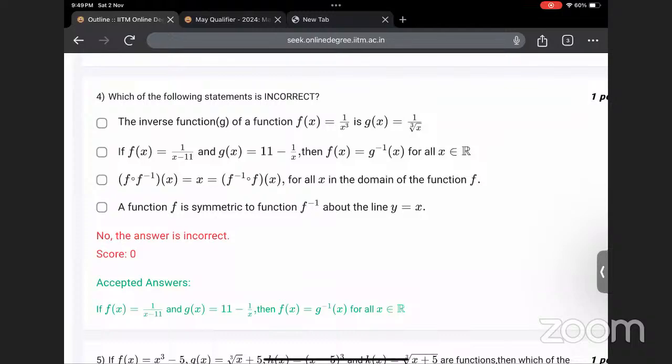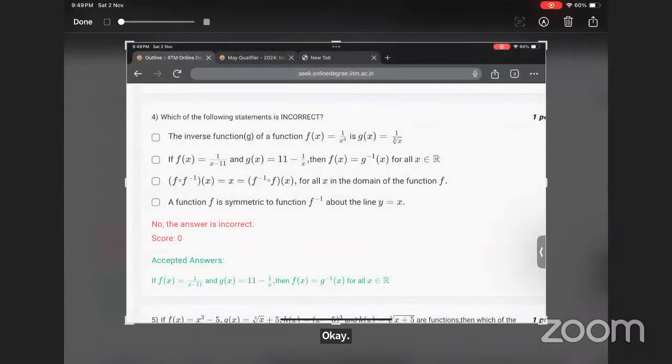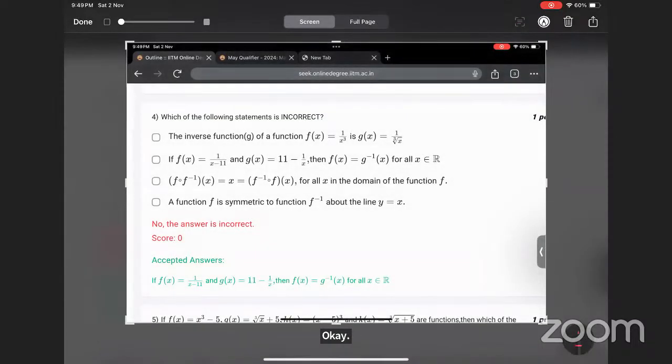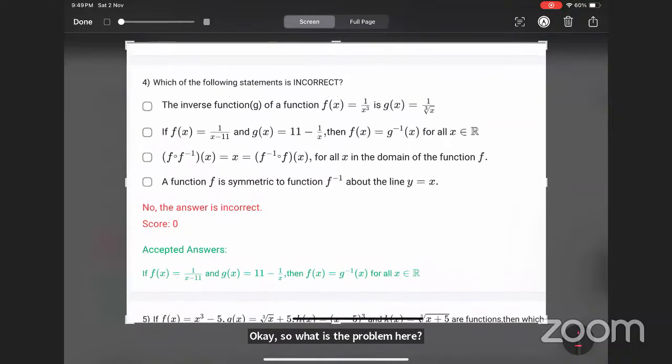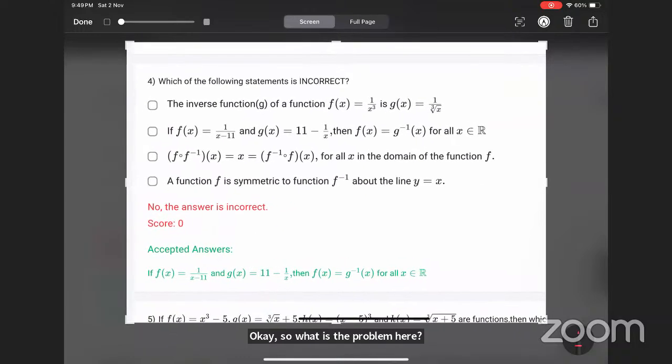Okay, so what is the problem here? The second option is the correct one, but I didn't get it when I was solving. We have to prove that g is equal to the inverse of f.